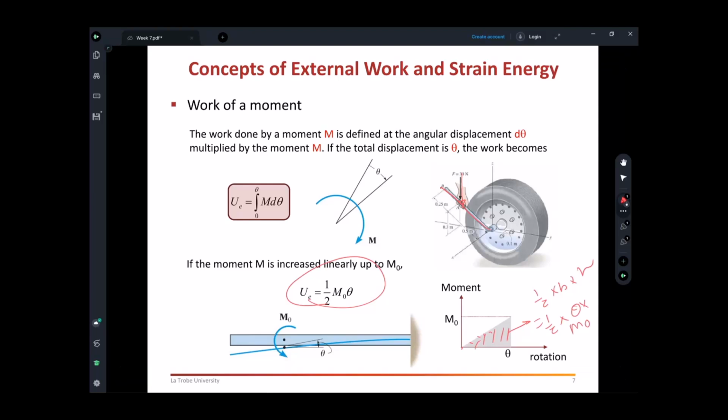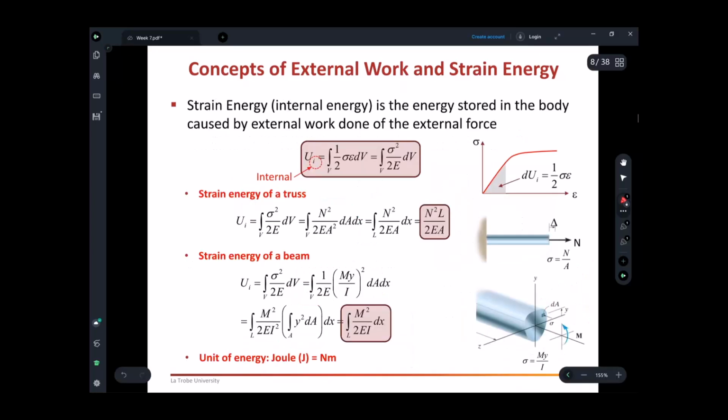It is exactly the same concept as in the last slide, where you have a load and displacement. With the load increasing linearly, you have 1/2 times load times displacement. Similarly, you have a moment in the beam, increasing from 0 to some value m0, with a respective rotation theta. Therefore, we have 1/2 m0 theta, right? So it's exactly the same work concept that we just saw.